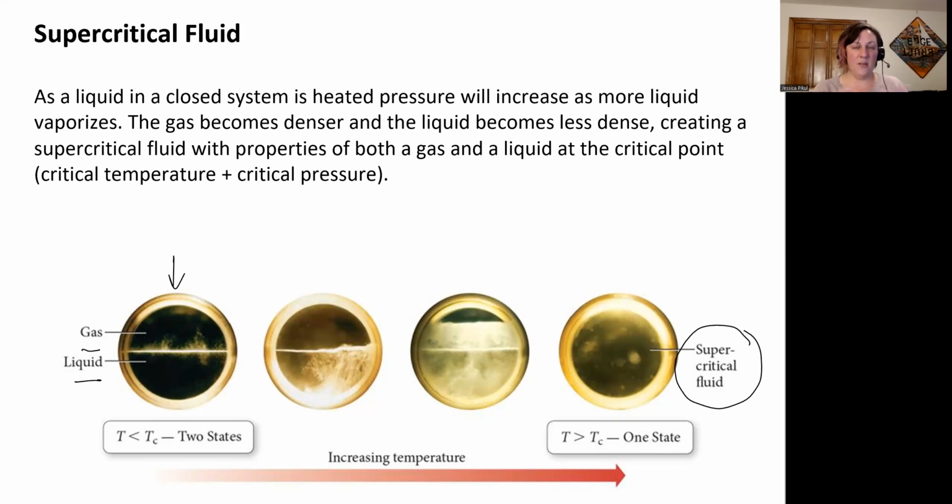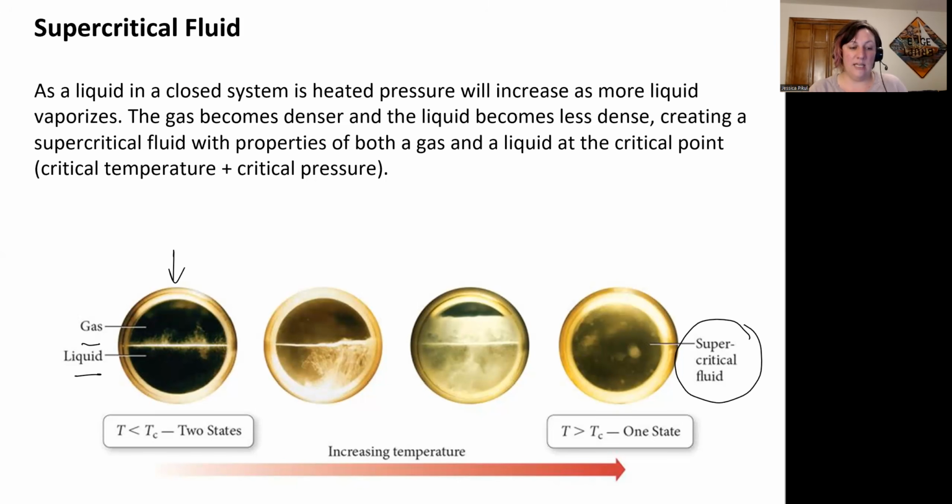Super cool. And it makes a fantastic solvent, which we'll work on that vocabulary later, but it does a fantastic job of extracting nonpolar compounds from plant material and separating them from the rest of the plant. So it's used in cannabis extractions, essential oil extractions, and to decaffeinate coffee.